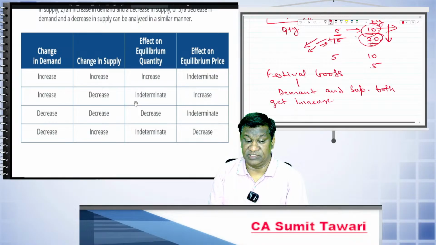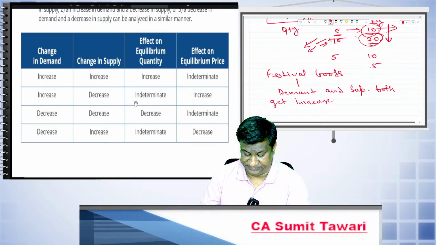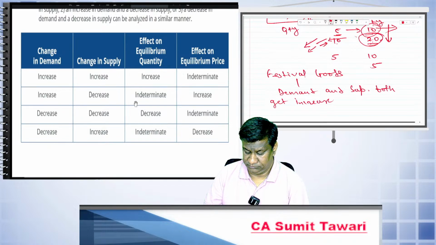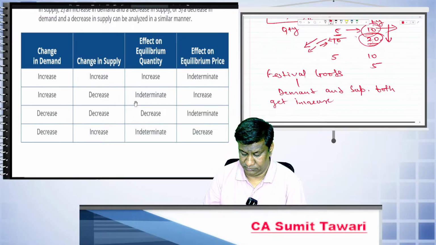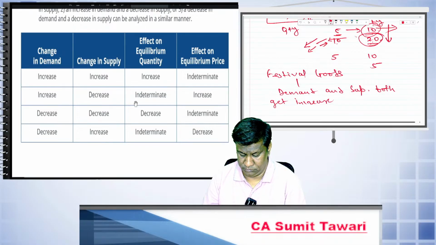So change in supply and change in demand both get increased. So that means the consumption is definitely high. So in this case, the supplier can also create a monopoly situation?